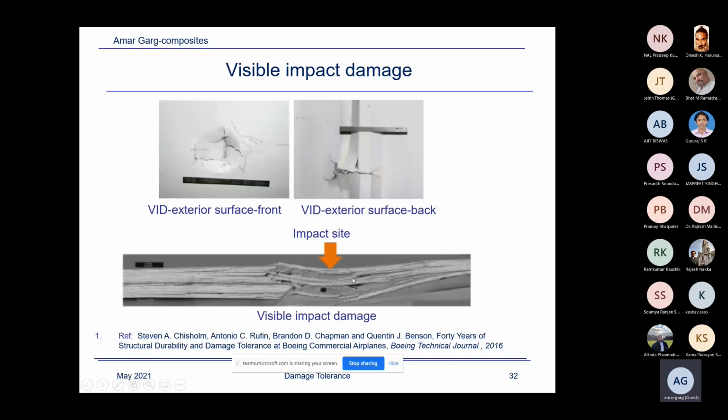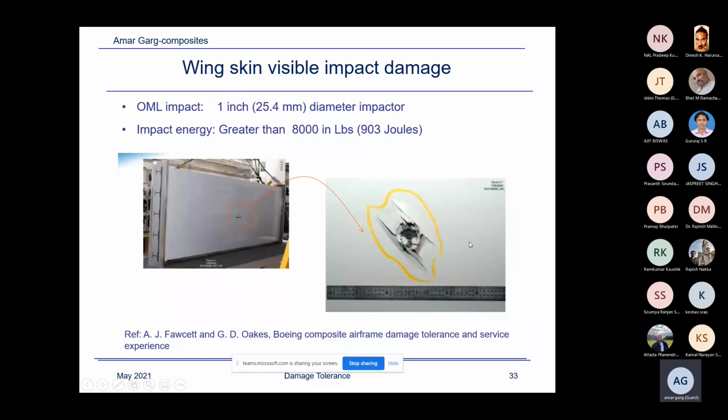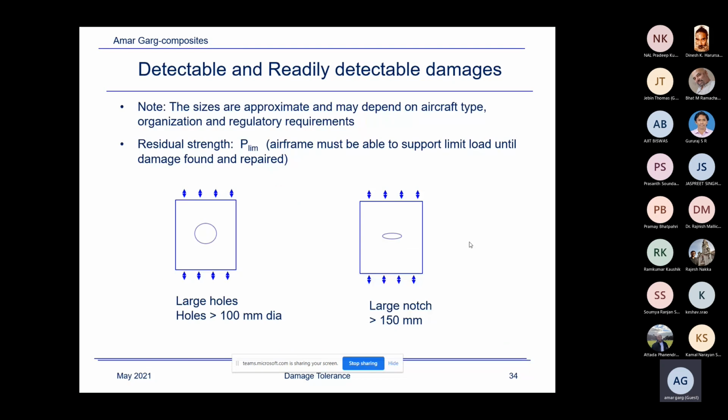Here I've shown some pictures, again in the public domain, from Boeing, of visible impact damages. I've already considered large damages like a hole; again, it's organization dependent. The detectable and readily detectable damages I've discussed earlier.